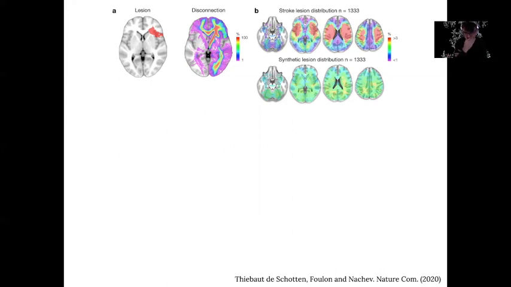So in order to control for that, we created a data set of fake lesions that are completely randomly distributed, and each of these is matched with one of the true stroke lesions. Then we started looking at how they distribute and whether we can model them.